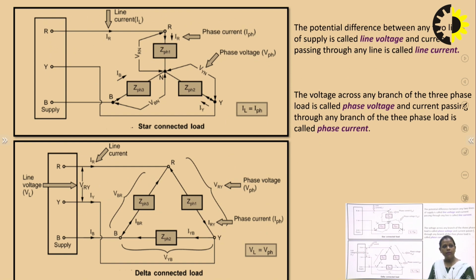Now there are some terms like line voltage, line current, phase voltage, phase current. So what are these terms? Here we can see the first figure is a star connected load and the second one is a delta connected load.